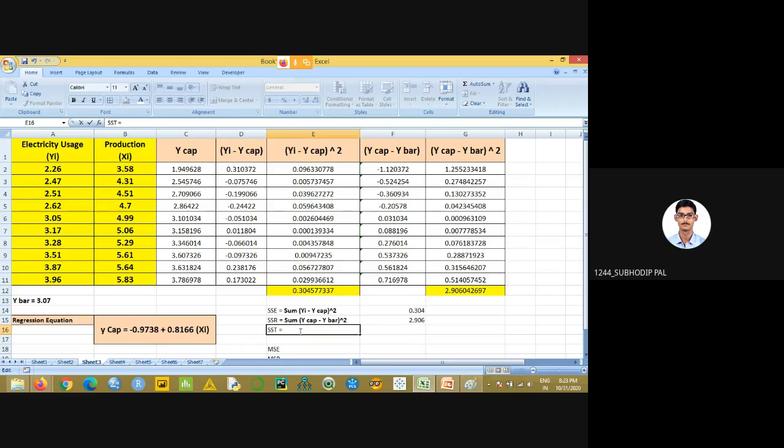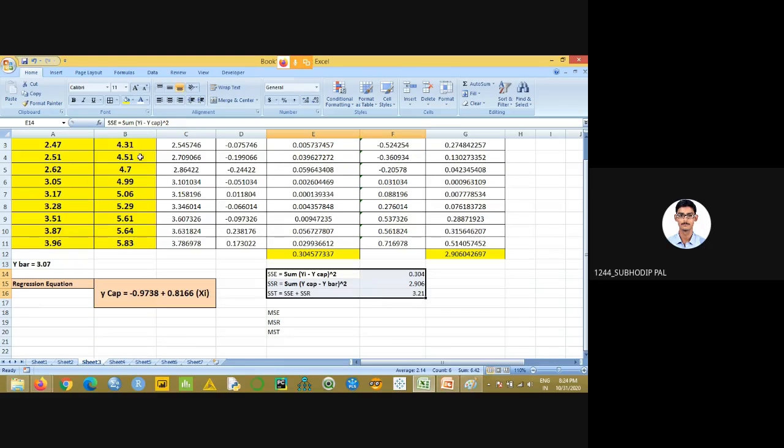Simple: SSE plus SSR. So it is equal to this one plus this one. This is what SST is.